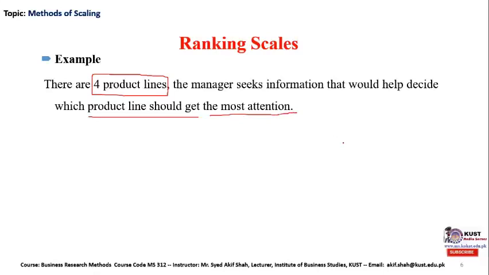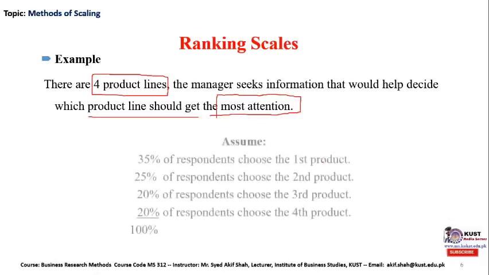Another way around, I can say the manager is interested in getting feedback over its four product lines from the respondents, to find out which product line must be given the most attention in respect of advertisement, innovation, target market selection, price and quality emphasis. So the reason could be any of what I have mentioned here as a couple of examples.